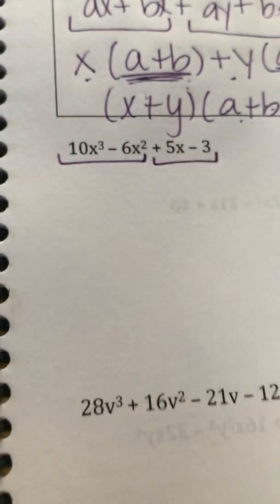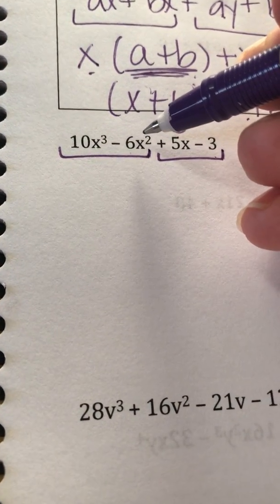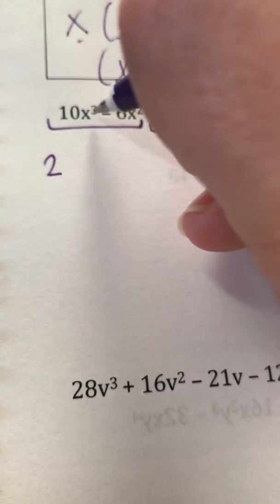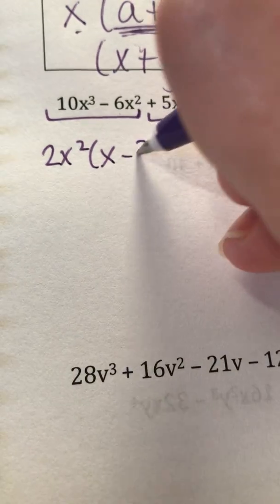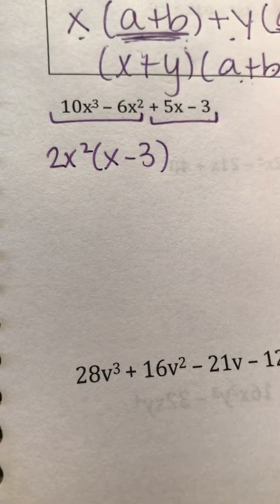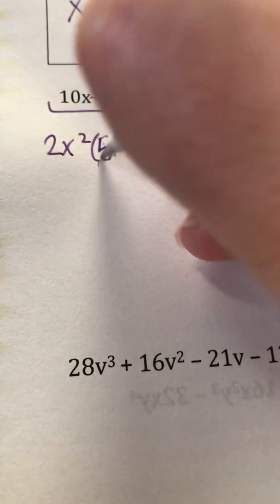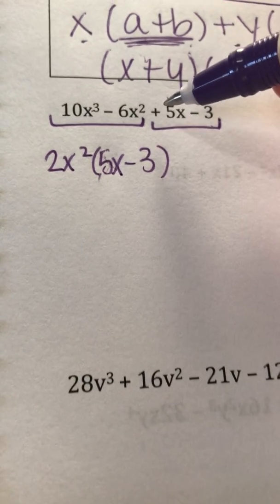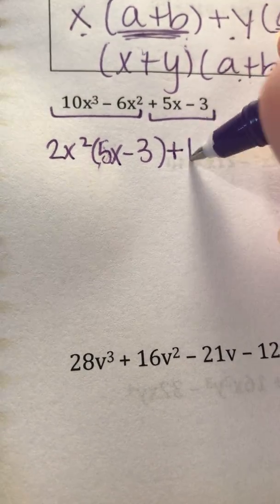All right, here, remember we grouped together the first 2 and we grouped together the second 2. I want to take the greatest common factor out of this, and if I'm looking at the 10 and the 6, I see my greatest common factor is 2x squared. So I'm left with, oops, sorry, 5x minus 3. Now over here, really the only thing that they have in common is plus 1.